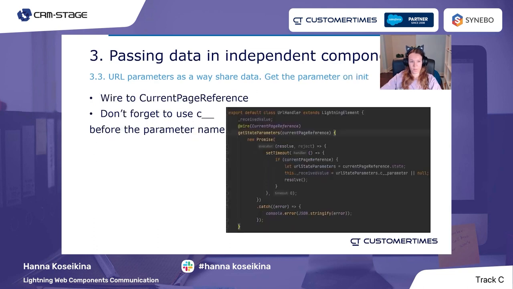And on a component which needs to get this URL value, if it's something which should be done on init of the page, then we wire to CurrentPageReference and get this value from the state parameters. And of course, don't forget to use c__ before the parameter name, because otherwise it just will not return you anything. You will get an undefined value.